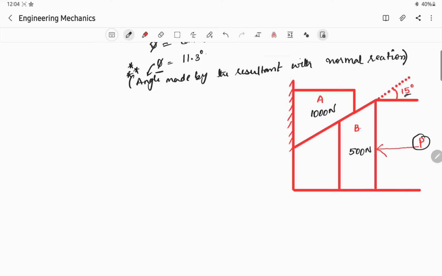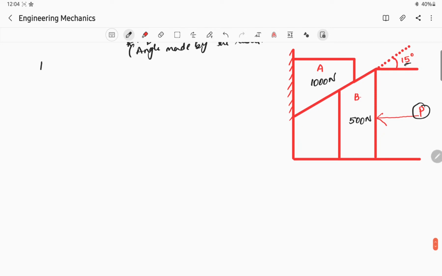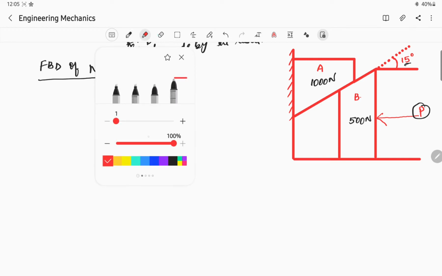Okay, so now I'll draw the free body diagram of block A. I'll write here free body diagram of block A first, or else wedge A. Okay, so how is the wedge?